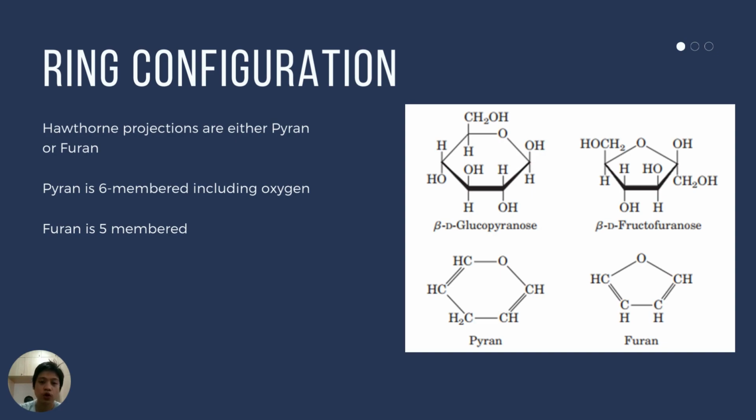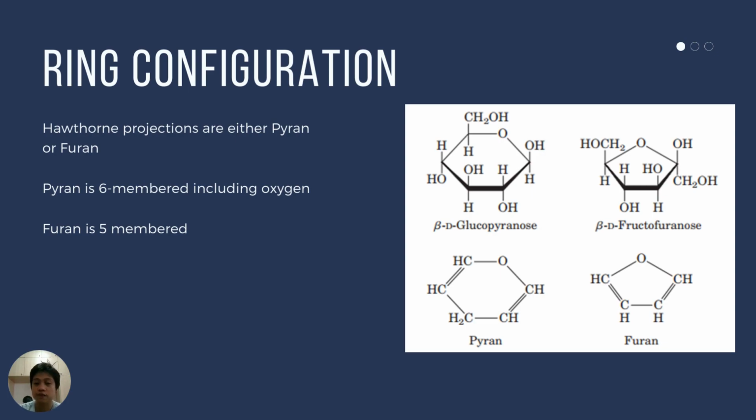So dito, glucose is represented as a form of pyran. So let's count. Oxygen, first member, and then going clockwise, you have carbon, carbon, carbon, carbon, and carbon. So you have here a pyran, 6-membered ring.